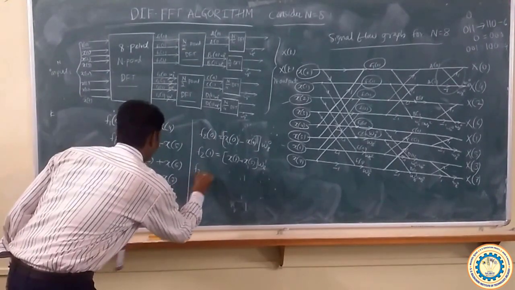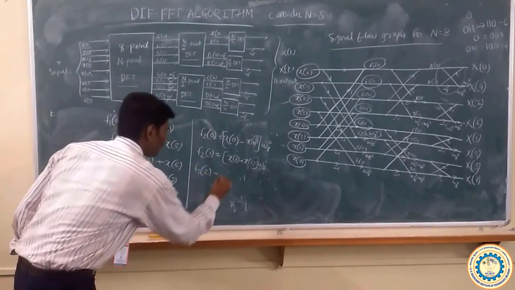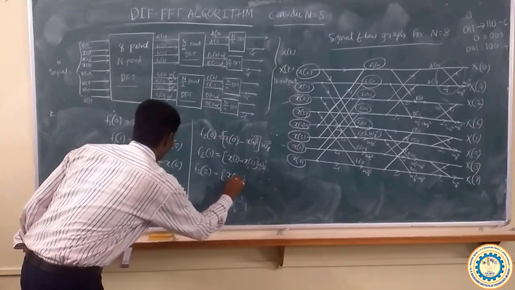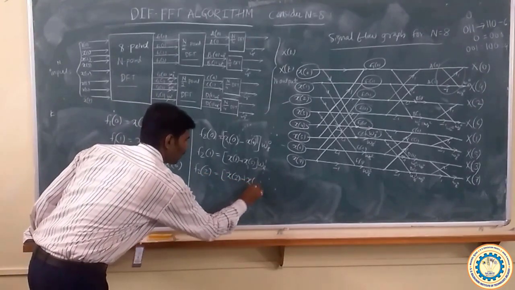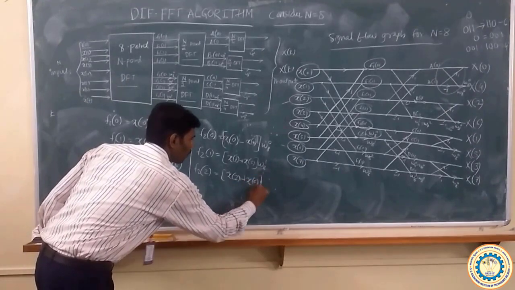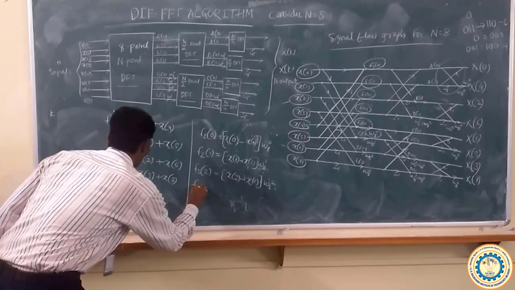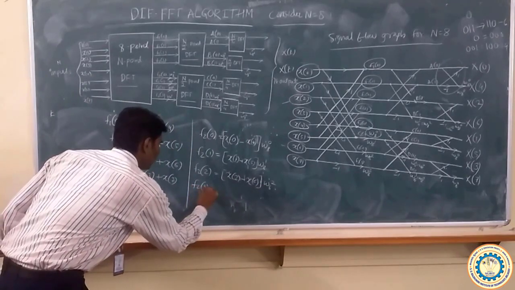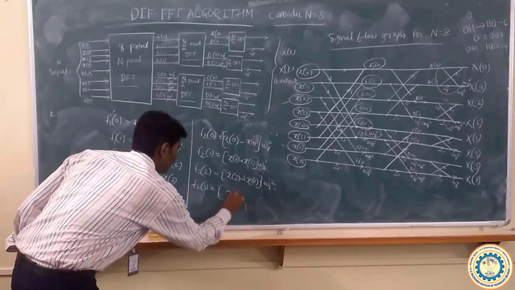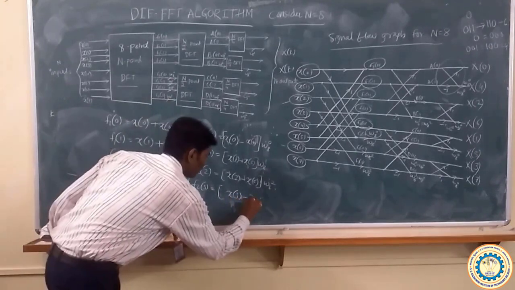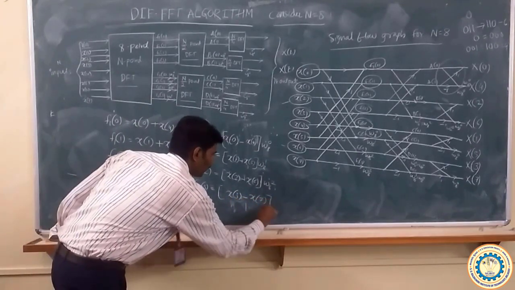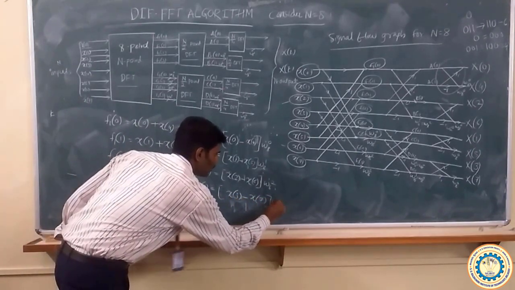Similarly, f2 of 2 will be, the inputs are x of 2 minus x of 6. The twiddle factor is w8 2. Similarly, f2 of 3 is equal to x of 3 minus x of 7 times w8 3.